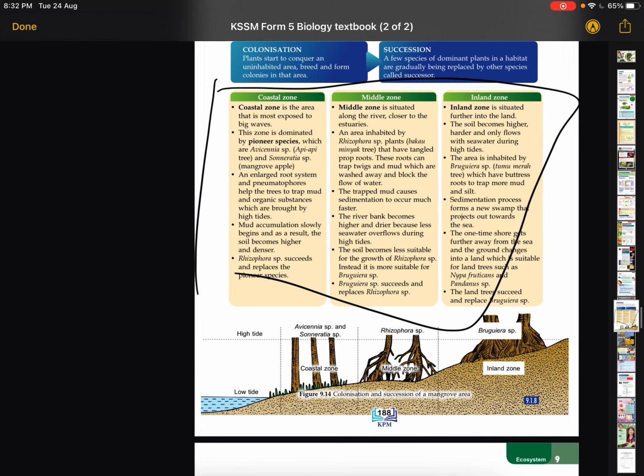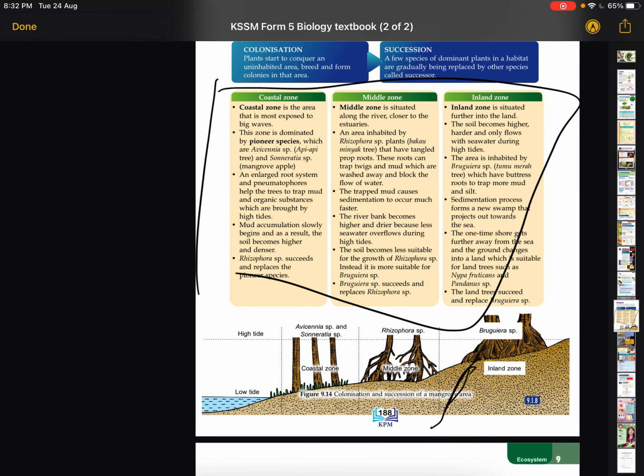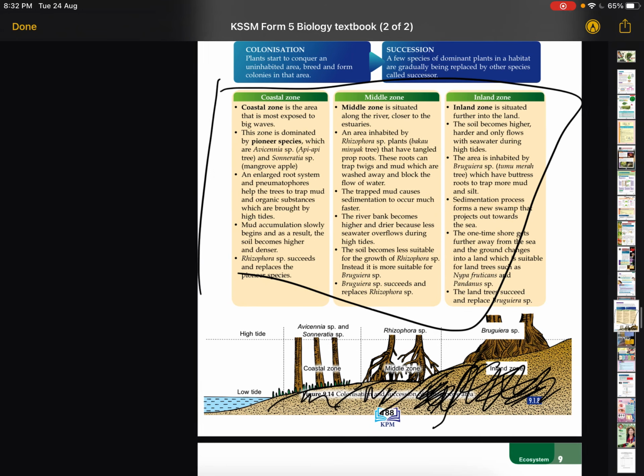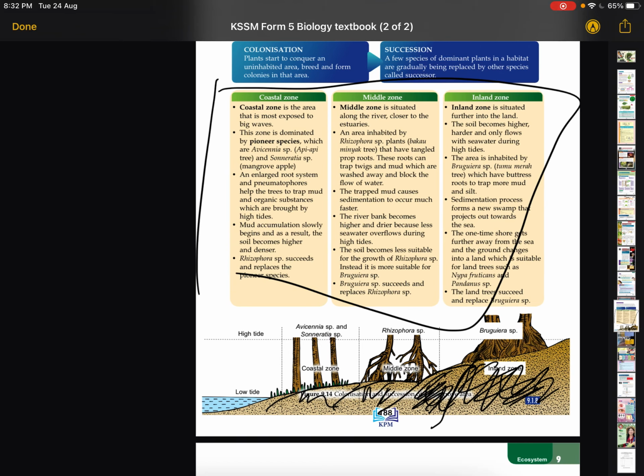So slowly they will move in front to make more soil, to make the soil muddier. Back then it was only until here. Then they make here muddy, and they don't like the soil anymore, so they continue going this way. Make here muddy, this becomes hard. Make here muddy, this becomes hard, harder, and eventually it will become actual land.